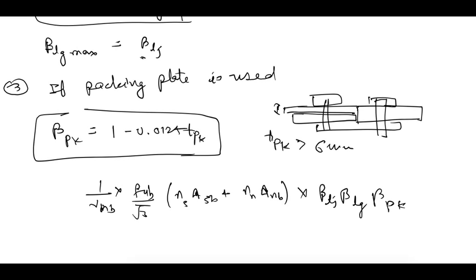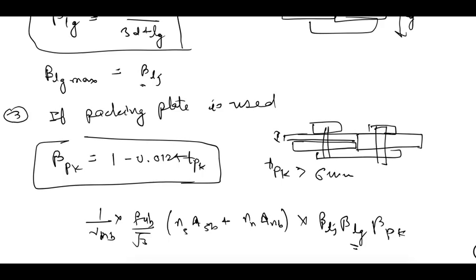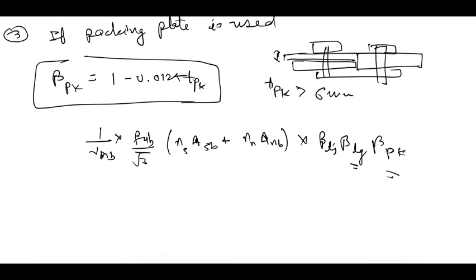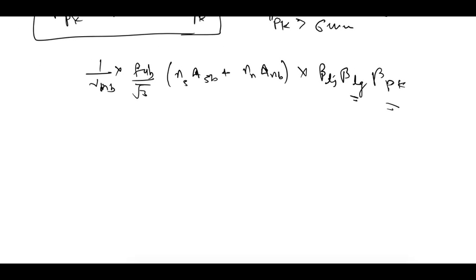That is correction factor for long length and correction factor for if this thickness is too much or the grip length is too large, and the last one is correction factor for packing plate. That is about the shear capacity of the bolt.